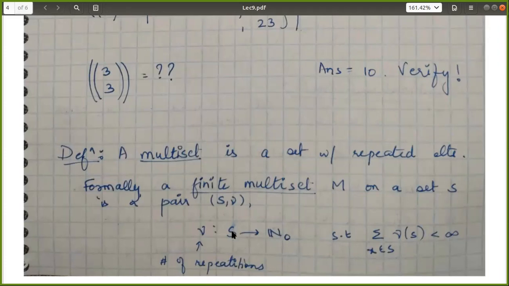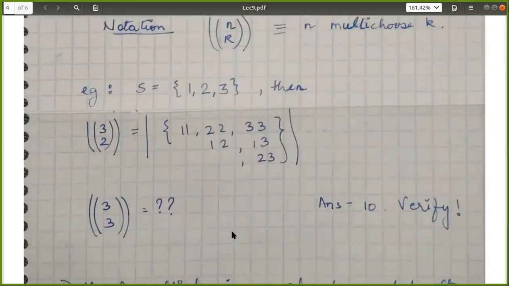So if S was {1, 2, 3}, as in this example, then for this particular M, nu is the function taking 1 to 2, 2 to 0, and 3 to 0.